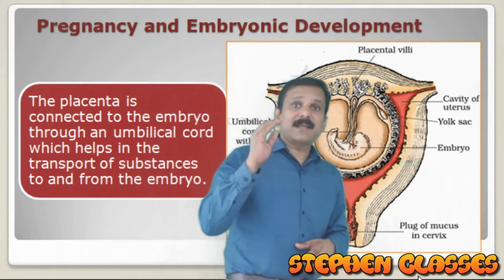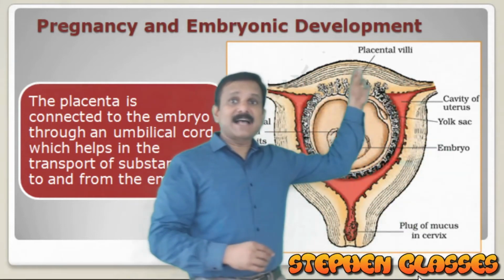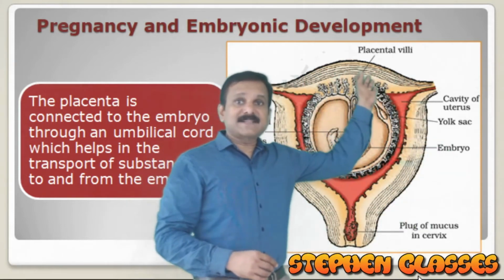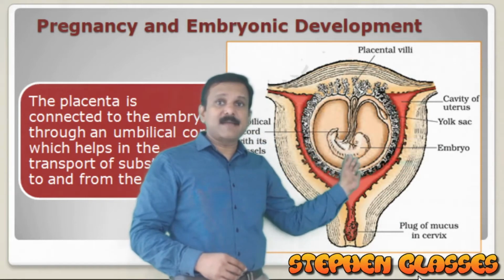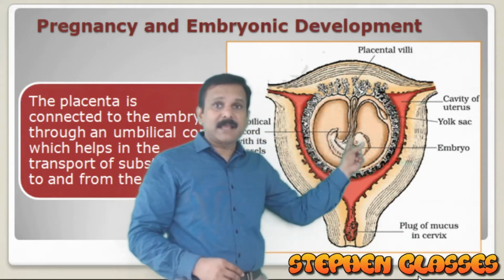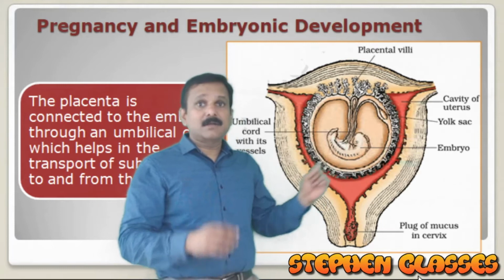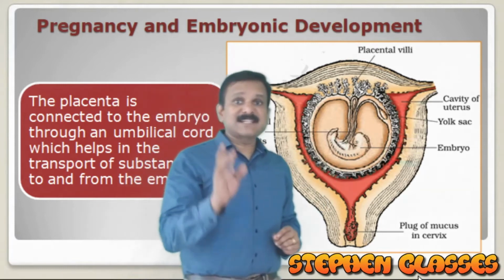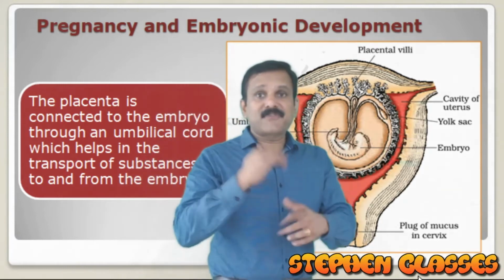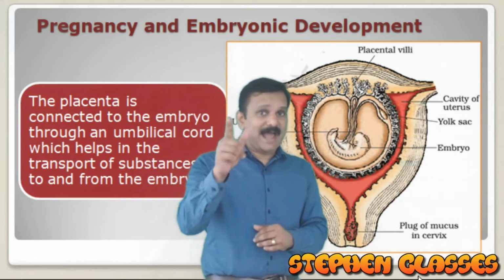You can see this placenta. The placenta will be connected to the embryo by the umbilical cord, and the umbilical cord will help in the transport of substances to and from the embryo. Right.